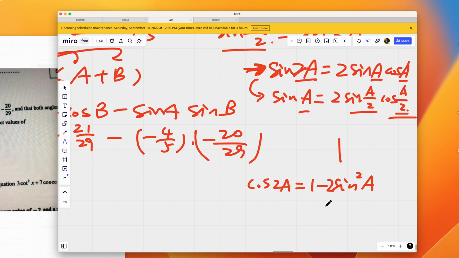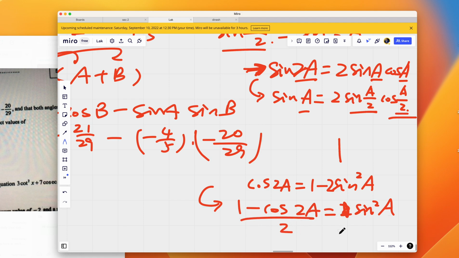So let me just do a bit of transformation. 1 minus cosine 2A is equal to 2 sine square A, right? So basically you are given this formula, you can try to derive another one, then continue. So divide by 2. 2 is equal to 3 minus 1.